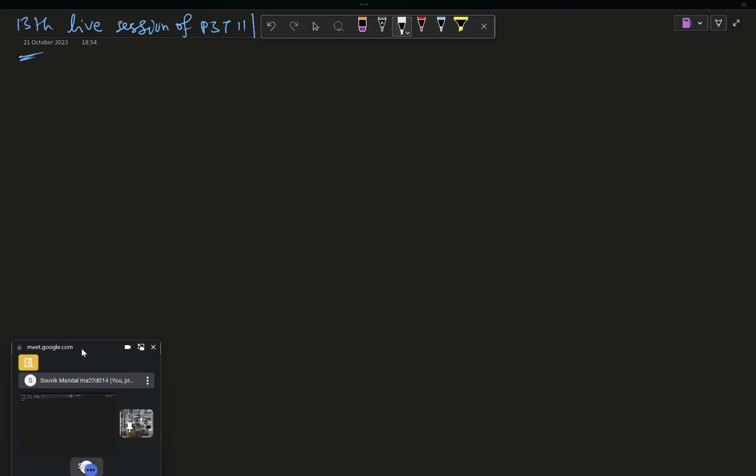So this course started with compactness, right?